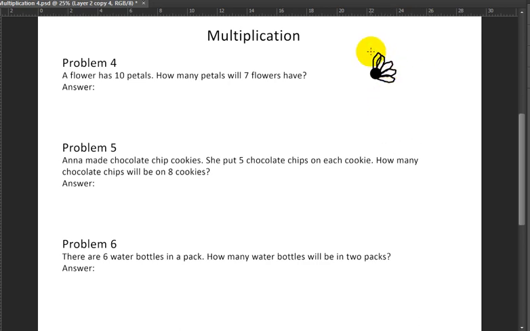I'm making them too close, aren't I? Yeah, I am. I'm not going to be able to get it full.